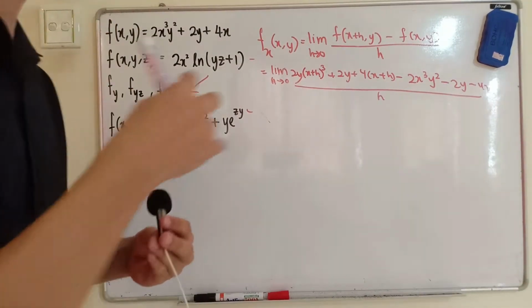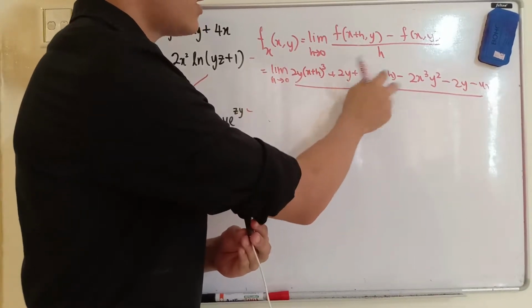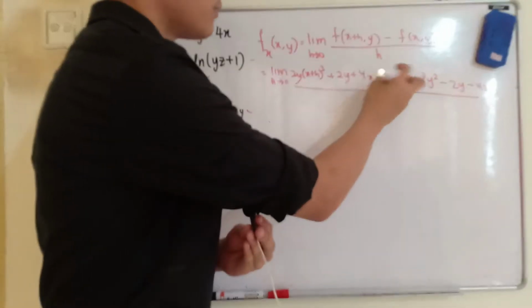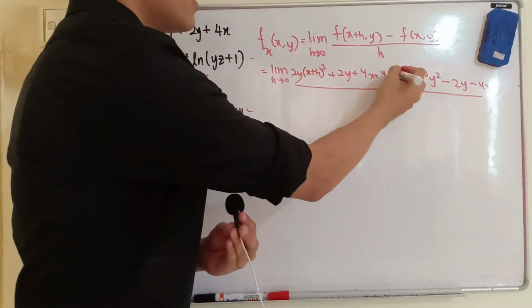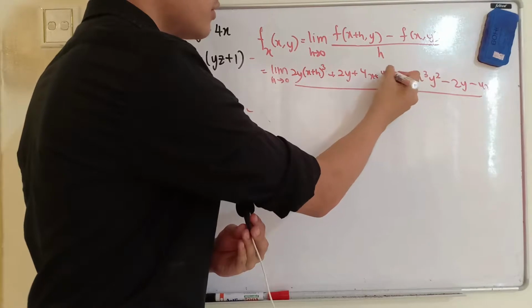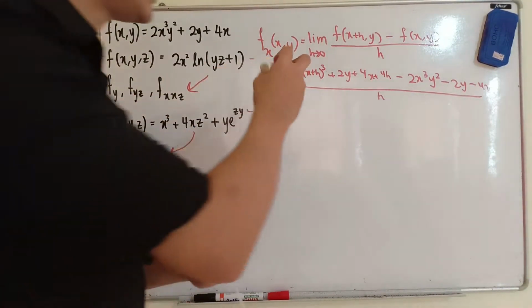After that, we're going to expand it, so you're going to get 4x plus 4h. After that, we're going to cancel it out. Let's see what you can cancel.